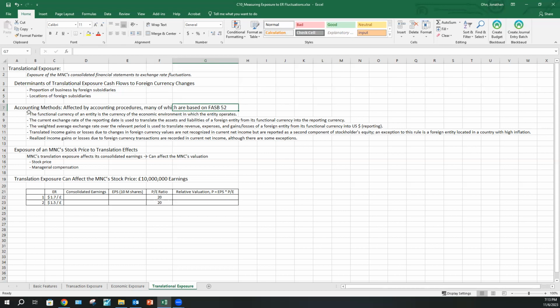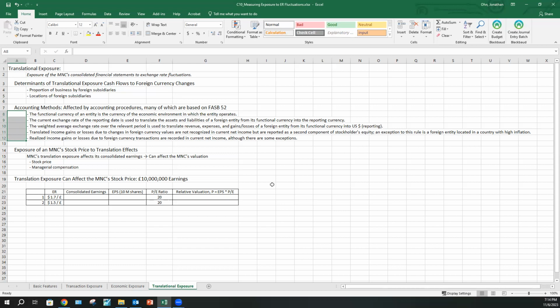London, can you go through these five? Yes. Right. Accounting methods are affected by accounting procedures, many of which are based on FASB 52.